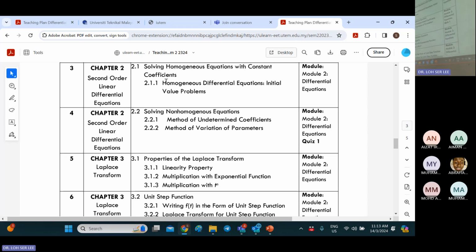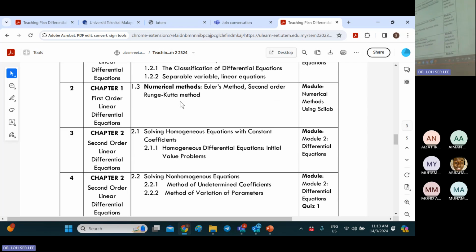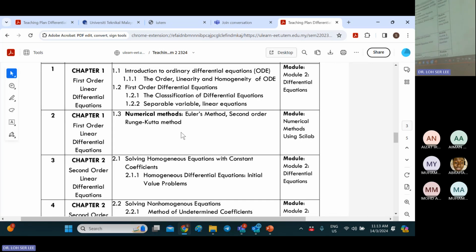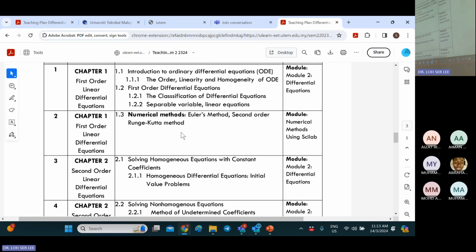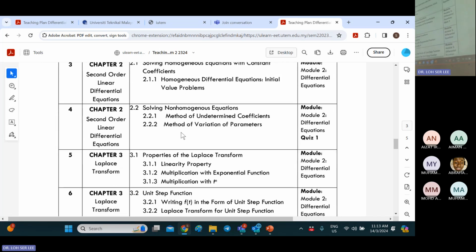Normally, for chapter 2, if you look through the past year questions, you will see that past year questions contain this chapter 2, starting from chapter 2. Chapter 1, I'm not sure, you can refer back, I can't remember.